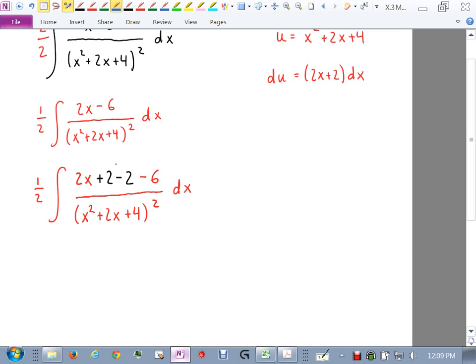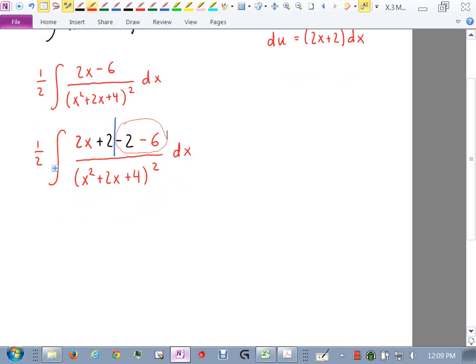That's going to allow me to split this up right there. The 2x plus 2 over that, with the 1/2 in front, will turn into a what? Be careful. This will be u sub, but what it'll be is 1/2 integral 1 over u squared, right? U squared, not 1 over u, so the antiderivative will not be natural log. But we'll be able to handle it, won't we? Okay. Now on this one, I've got to put these two together. That's a -8, and then can I take that out of the integral? Okay, so I'm going to just rewrite everything.